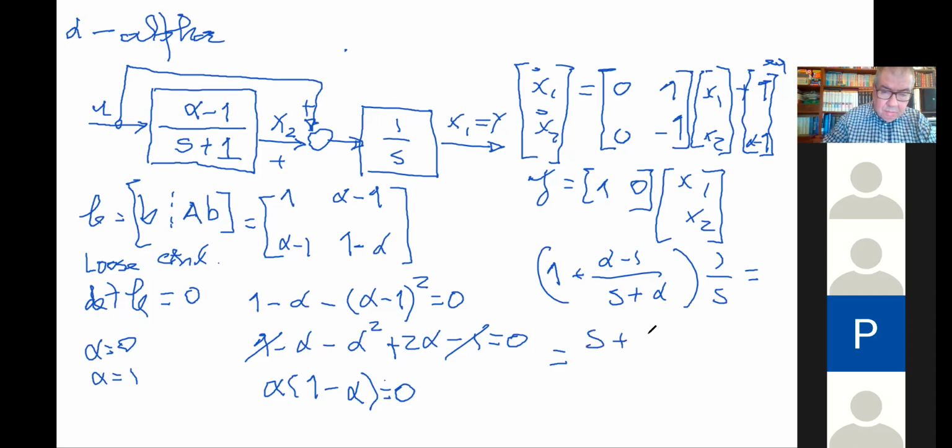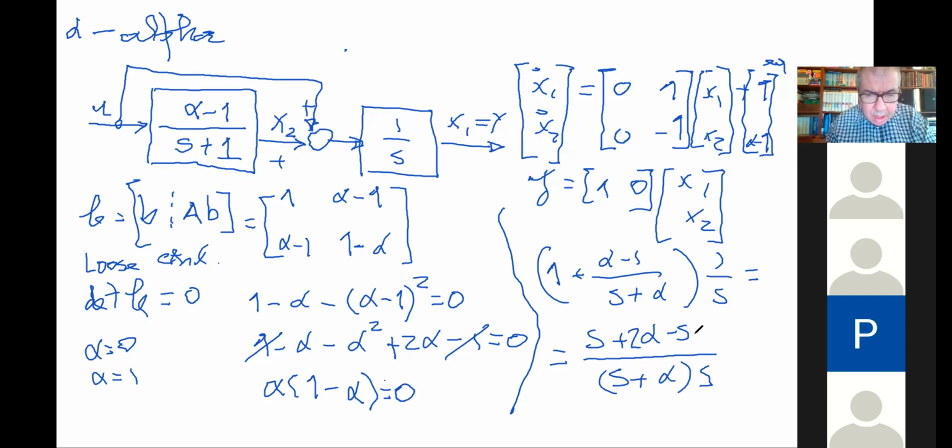S plus alpha, s plus alpha, plus alpha, so the 2 alpha minus s, divided by s plus alpha, s. So there must be something wrong here.